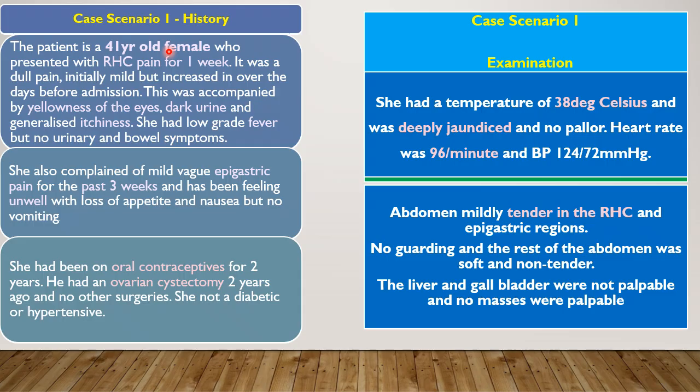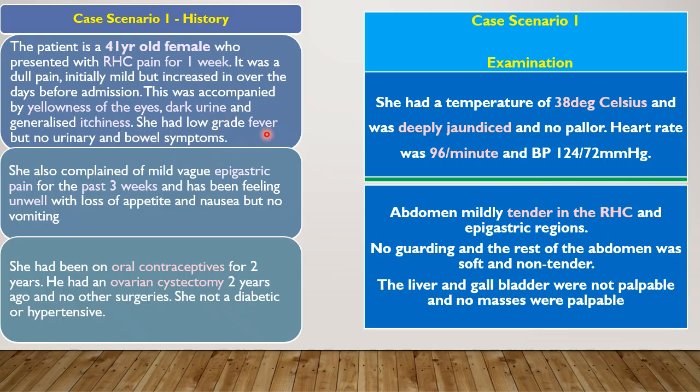So the important things in the history: the patient is a female, 41 years old, with a 1 week history of right hypochondrial pain. The pain was a dull ache in nature, initially mild but increased over the days before the admission. This was accompanied by yellowness of the skin and eyes, dark urine, and generalized itchiness.